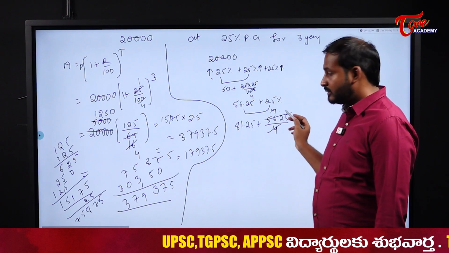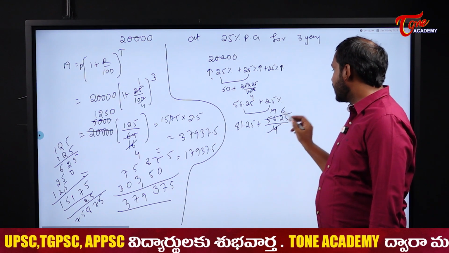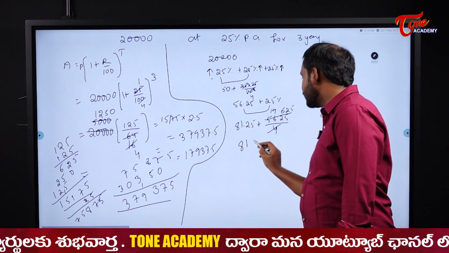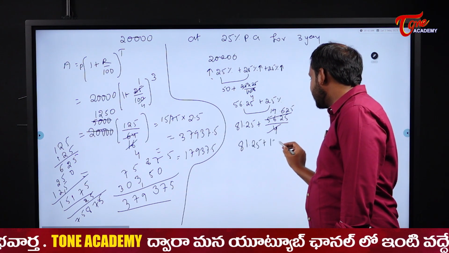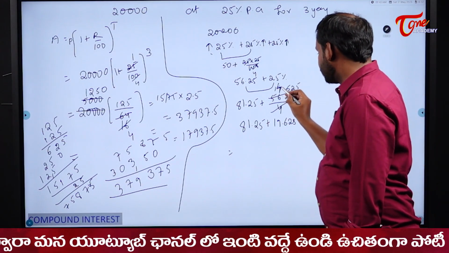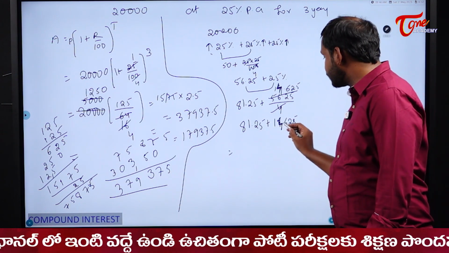Point, already point is there. So 6 and next 25. So 81.25 plus 19.625. Not 19, this is 14.625.